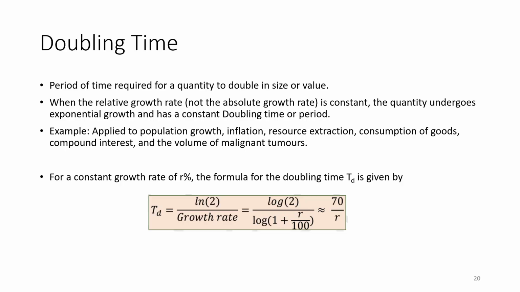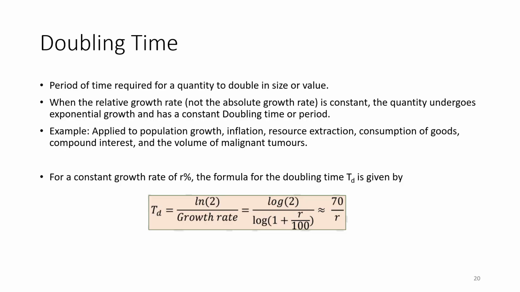Doubling time. It is the period of time required for a quantity to double in size or value. When the relative growth rate, not the absolute growth rate, is constant, the quantity undergoes exponential growth and has a constant doubling time or period.